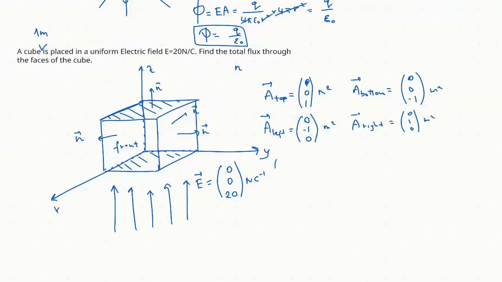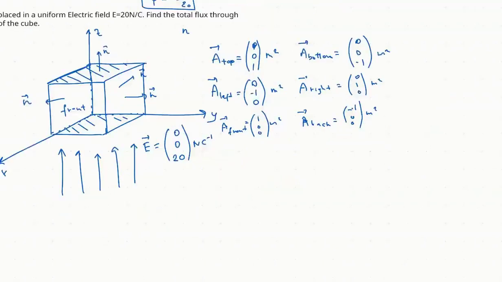Area front is along the x-axis: 1, 0, 0 meters squared. And the back face of the cube is minus 1, 0, 0 meters squared.